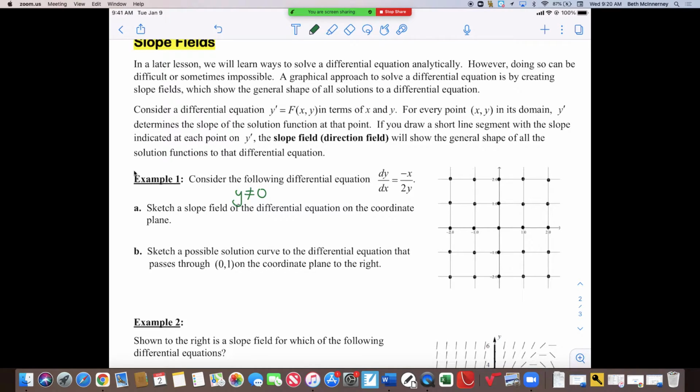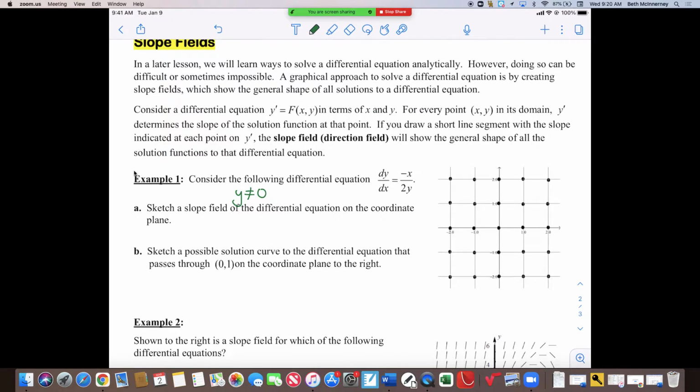So I want you to think about, on a coordinate grid, where is y equals 0? It's the x-axis. Okay, so since y cannot be 0, we're going to put no little toothpick tangent lines on the x-axis because it's not defined there, okay?